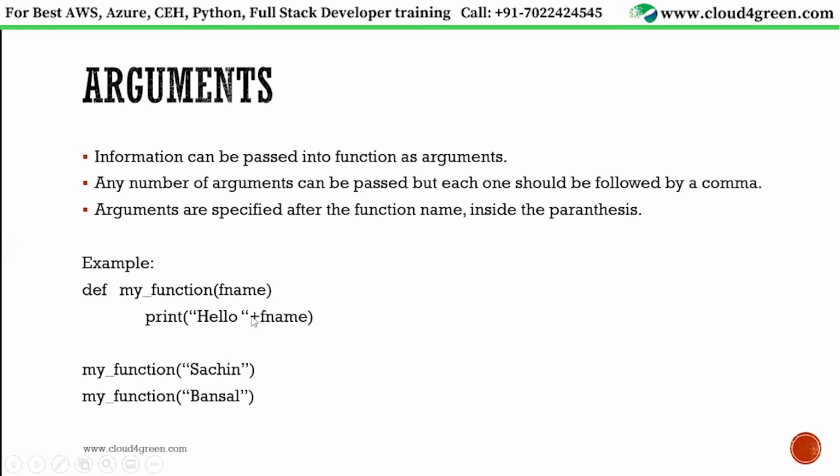Now here again there is only one statement for your function, and what are we doing? We are taking the argument and we are printing it. That's all. Now sometimes you will find the terms argument and parameter used interchangeably. Basically, both of them refer to the same thing.